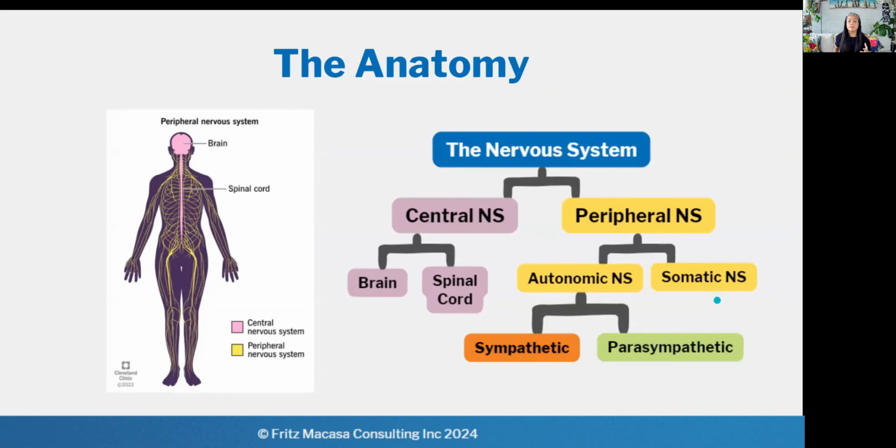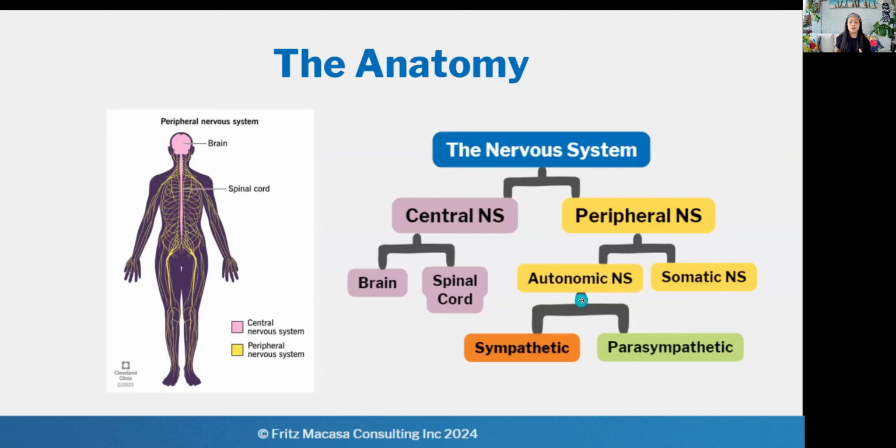So this part of the nervous system controls our muscles, our skeletal muscles in particular, as well as our sensory information from our senses. So vision, smell, taste, sound, and touch. This is what constitutes the somatic nervous system.